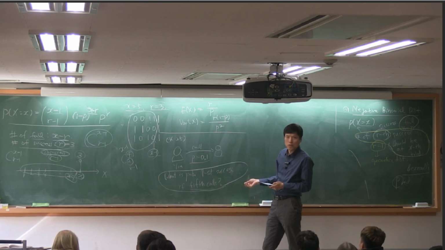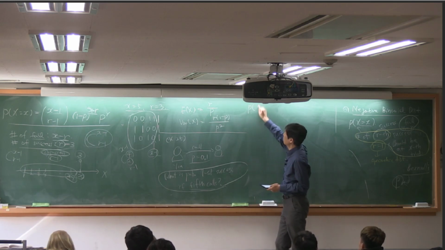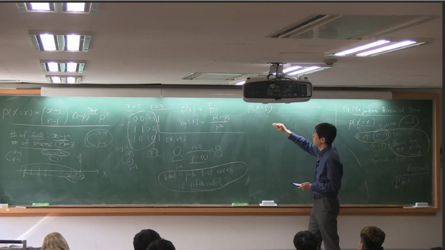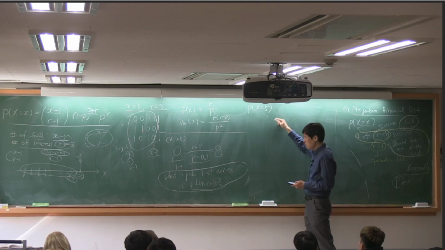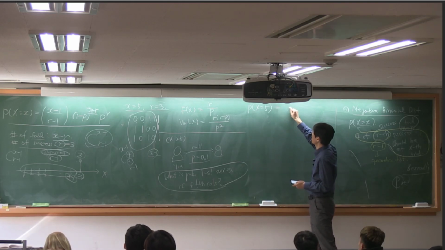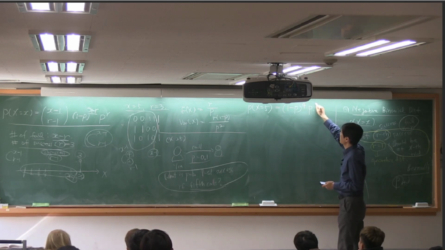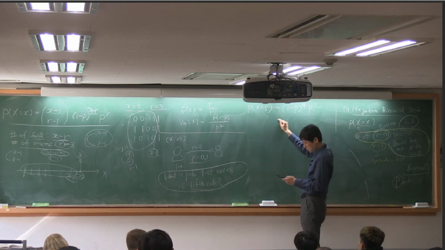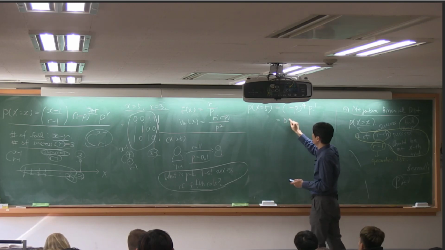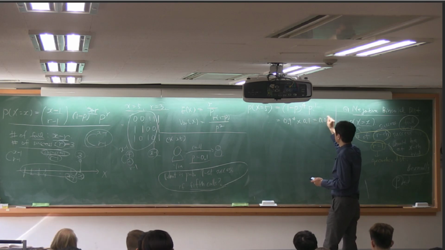This is a geometric distribution. It's very simple. Probability x is 5. That means the first success is on the fifth trial. That means failure is 4 times and success is the first single time, multiplied. Then this is 0.066.